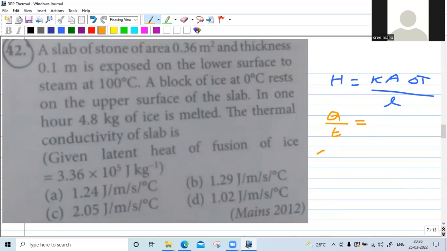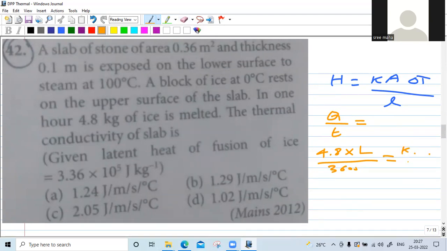So Q is 4.8 into 18, and the time is 1 hour, right? So it is 3,600 seconds. Everything is given, so only K is unknown.